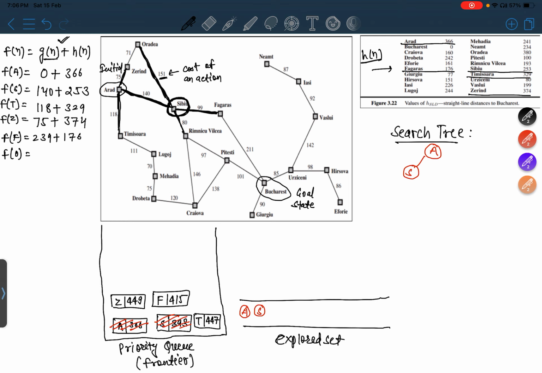So that will be the g of o plus what is the h of o? So if I talk about h of o, that is 380. So this o will be added with the cost 671.